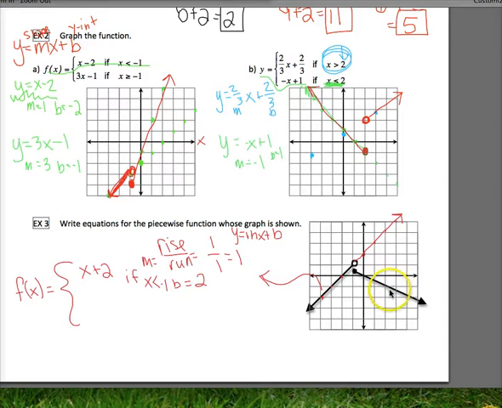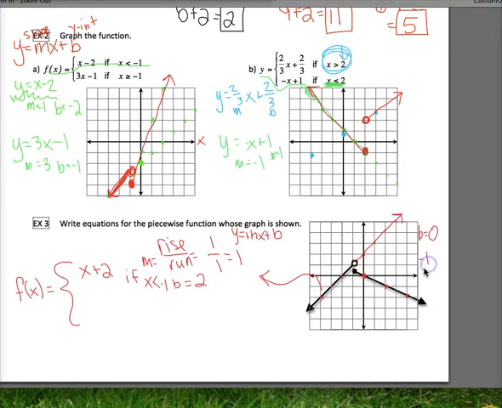Again, I need to find the slope and the y-intercept. So if I'm looking to see what points I see, this point right here is my y-intercept. That tells me b is 0. My y-intercept is 0. Other points that I see on here that are at exact places, there's one here and one here. So if I count rise and run, my rise is -1. I went down. From my y-intercept, I went down 1 unit.